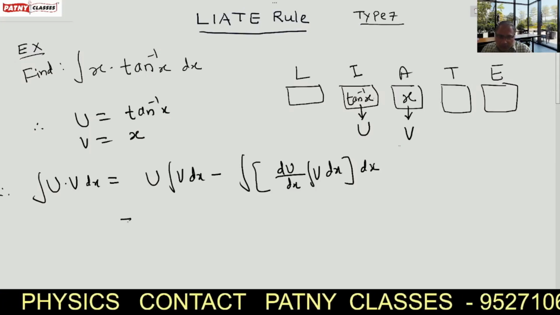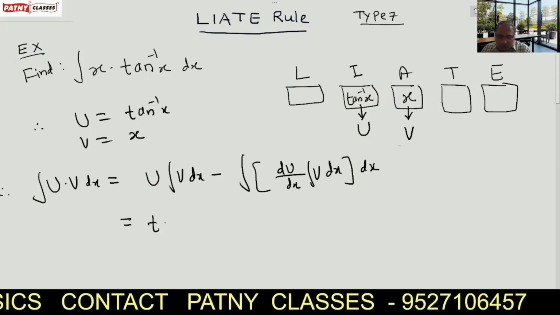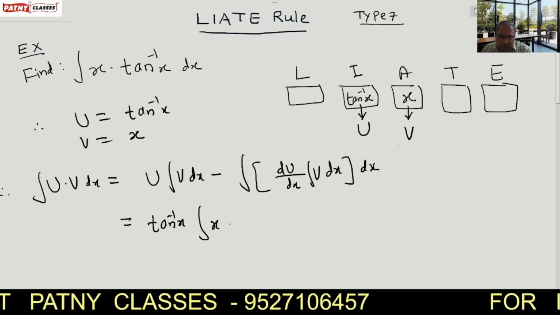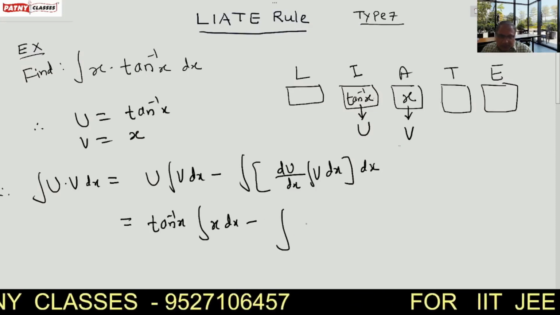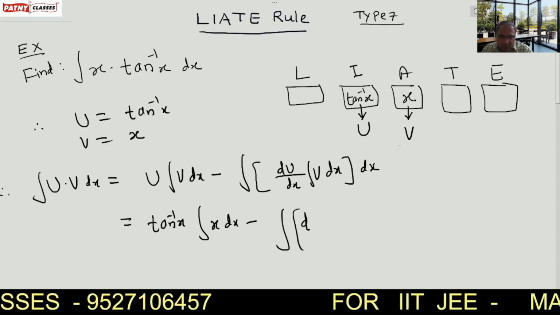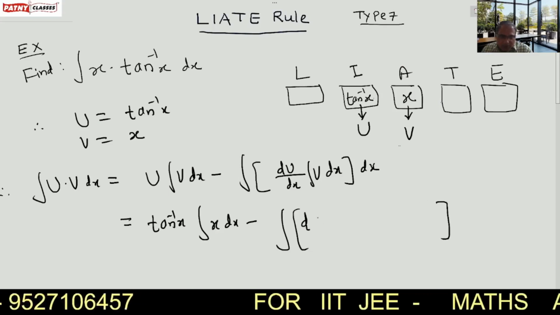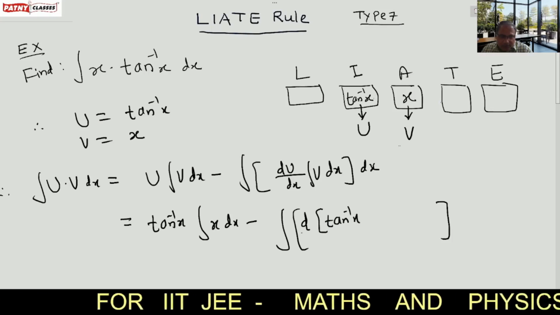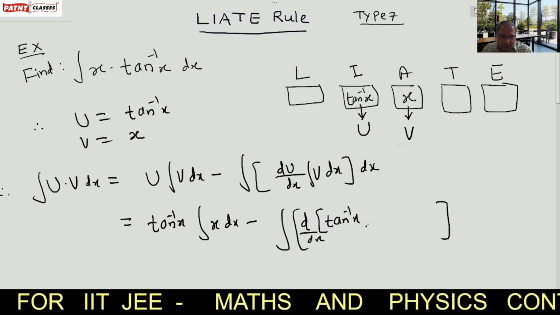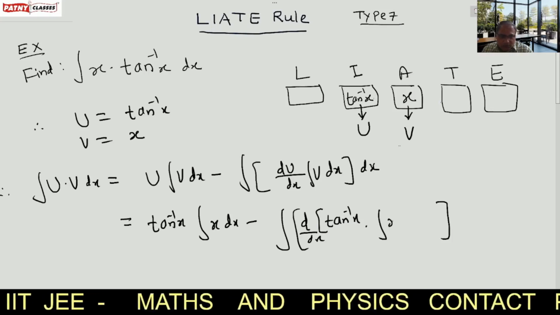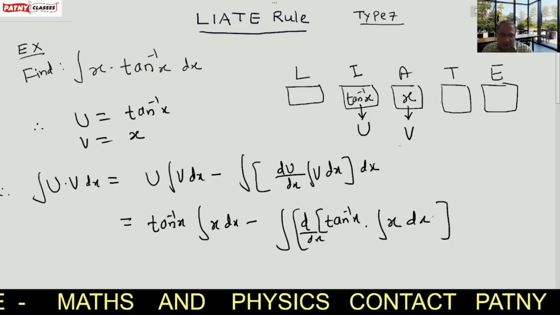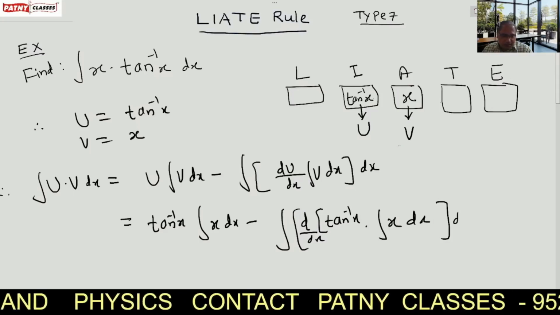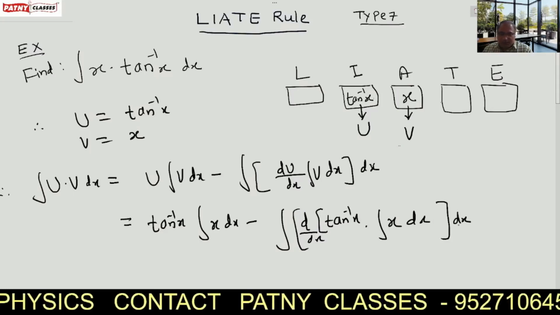Now we put the values. The u is tan inverse x, integration x dx, minus integration of the box, and under the box there is the derivative of tan inverse x with respect to x into integration of x dx, and again at the end of the box dx is written.